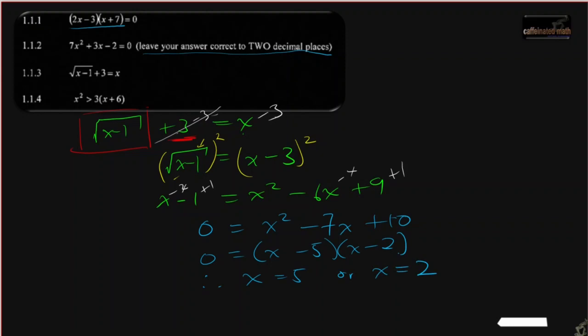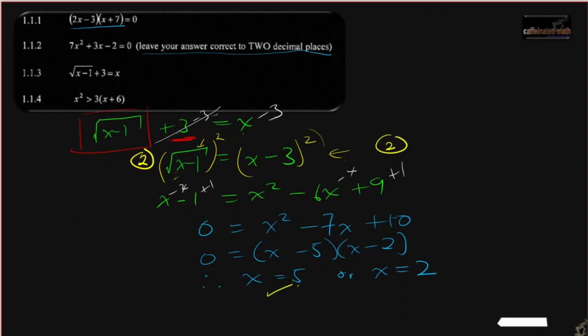And we're not done yet, because we need to test these values. Well, that's the appropriate stage. Just take care not to worry about the squares over there, because 5 minus 1 gives us 4, and the square root of 4 is equal to 2. And then 5 minus 3 gives us 2. Oh, that checks.